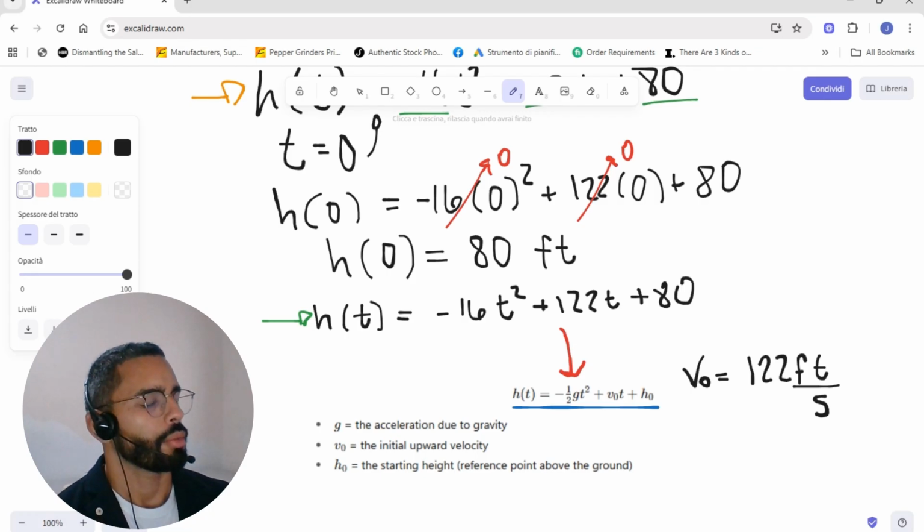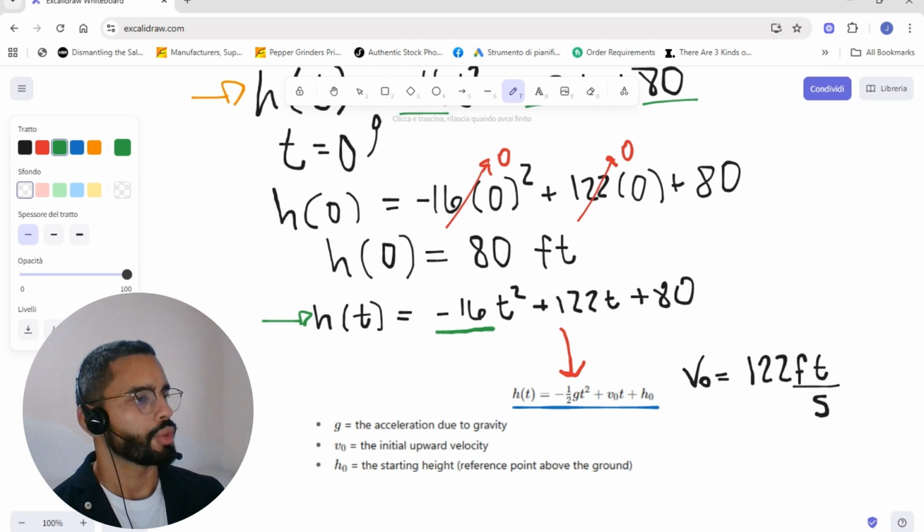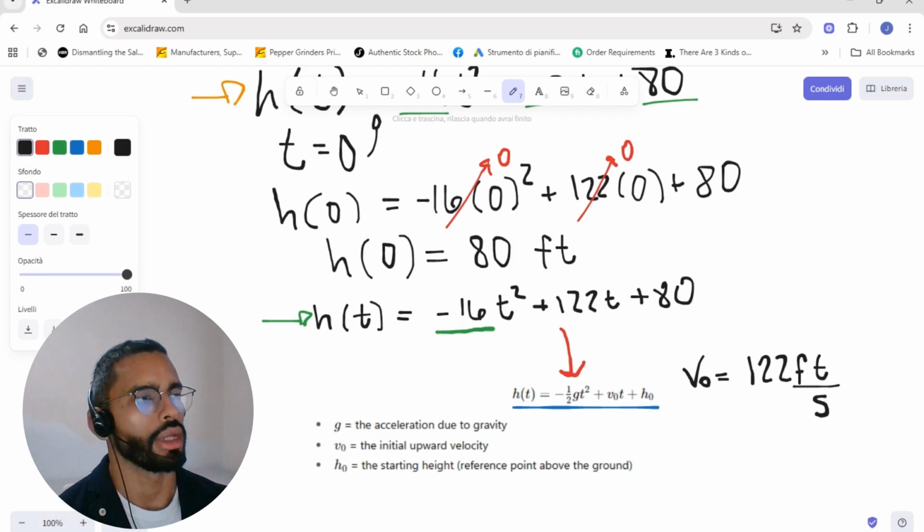Yes. So we have this term right here, the negative 16, that seems to come from the multiplication of negative 1 over 2 times the gravity. Because what's the value of gravity that we use in the US, in the American system?